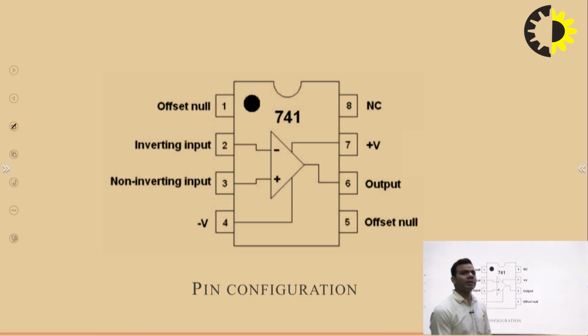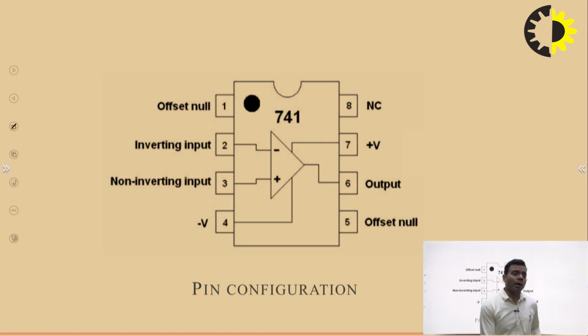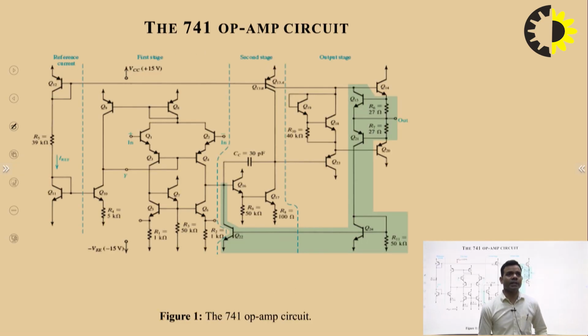So we are all familiar with this, but many of us may not be familiar with the internal structure. So today we will see the internal structure of IC741, and in this lecture we will discuss the bias circuit of IC741.